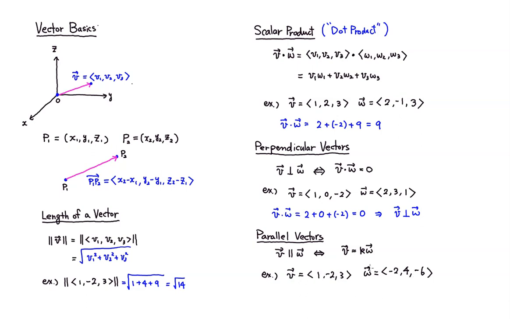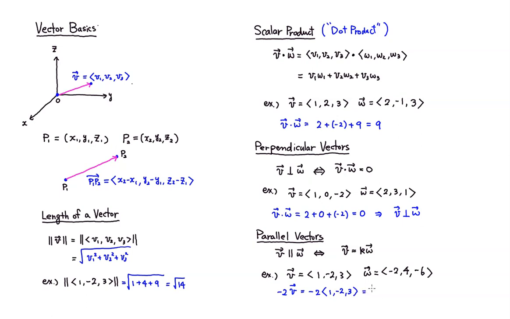These are parallel because if you take v and multiply by negative 2, you multiply every single component by the same number.